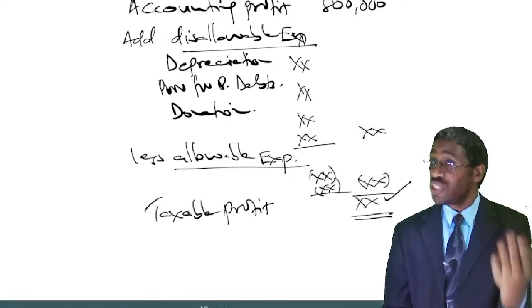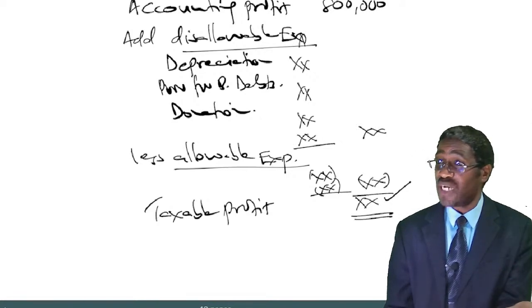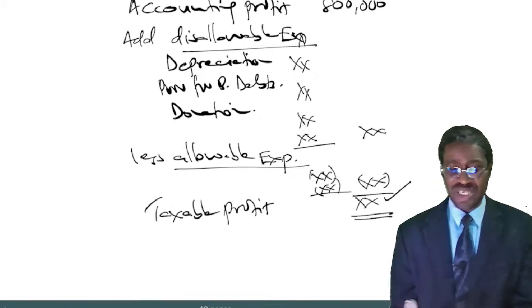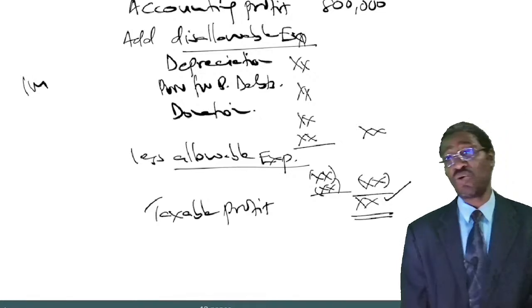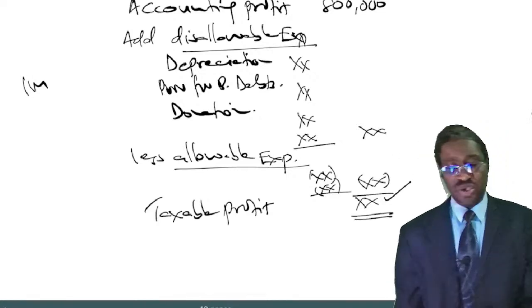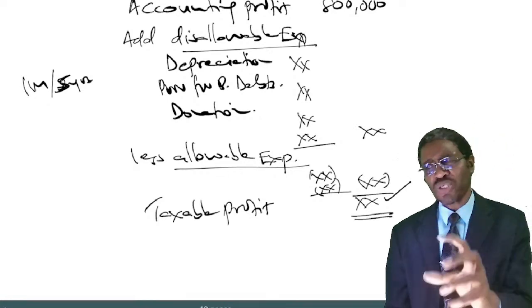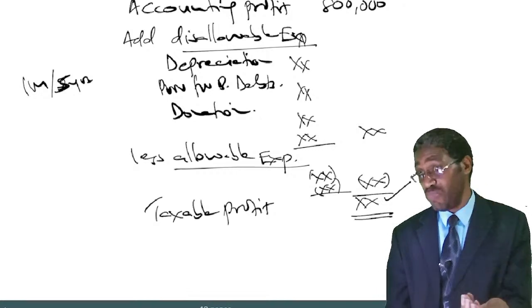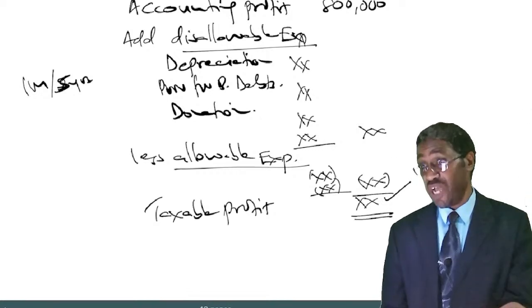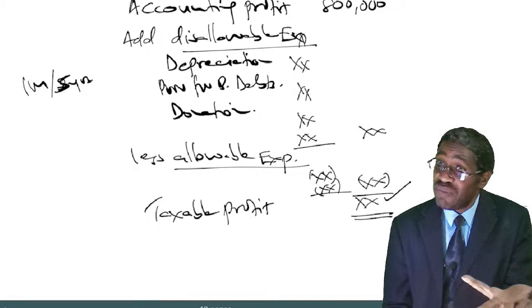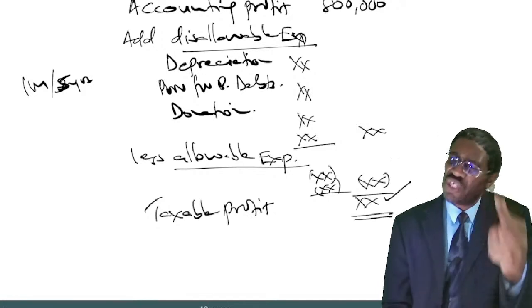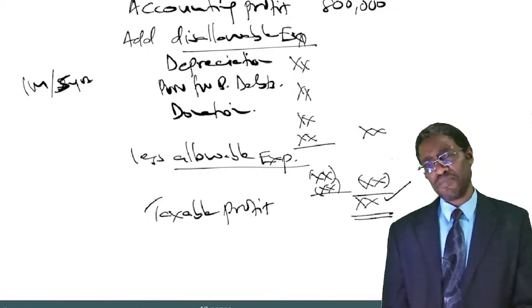Maybe you have been depreciating your asset at 20% per annum. Whatever it is, let's assume you bought a machine that cost you 1 million. Your policy is to depreciate it over its useful life, maybe 5 years. So if you bought a machine at a cost of 1 million and your useful life is 5 years and you're using straight line method, then every year you're depreciating your asset by 200,000.